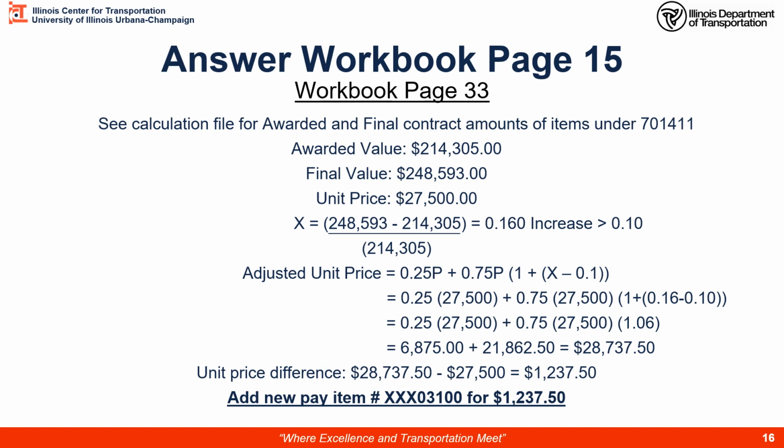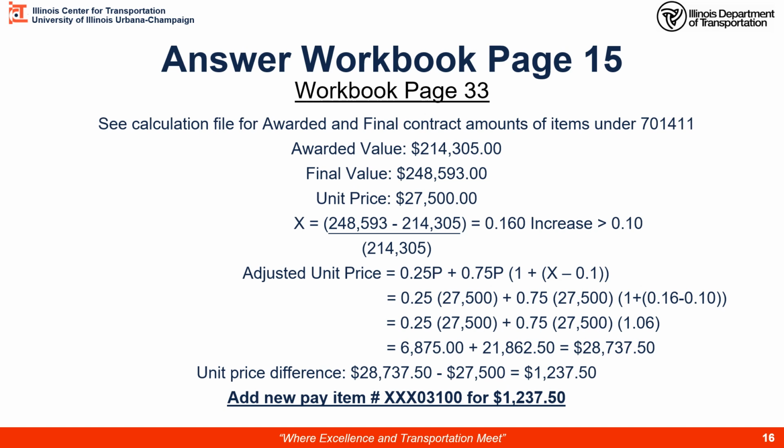We just make a general note that there was a calculation file and reference that for the standard of the work amounts that were done. They were given to you, so here they are. The awarded value, the final value, and the bid price for the traffic control protection.